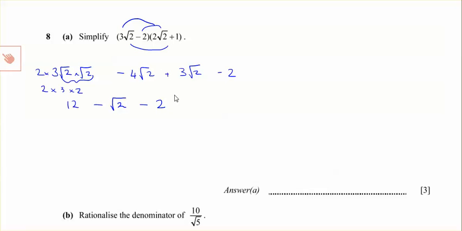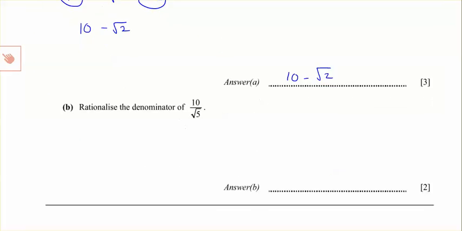And some people left it at that, but really, guys, you can't get away with that because 12 minus 2 is 10. So the answer is 10 minus root 2. Okay? Any questions on that one? No? So it's rules of surds for that one if that's something you need to revise.